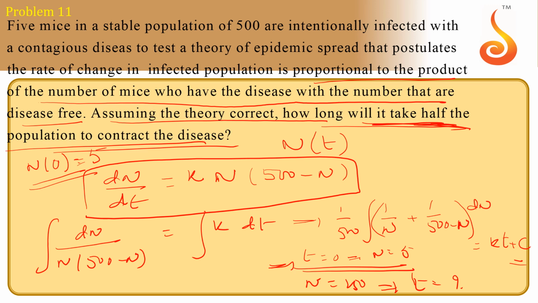So population is 500, no? So after calculating c, reconstruct the equation again, then put n equal to 250, get the value of t. I hope further you can solve, because it is very easy.